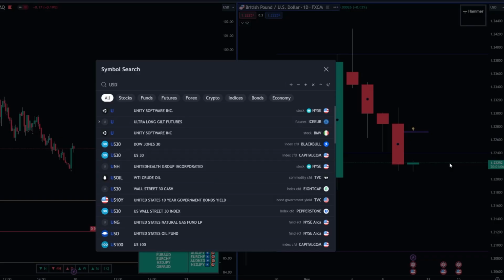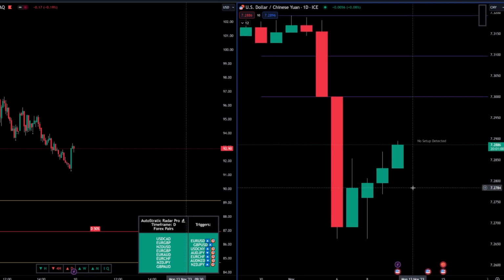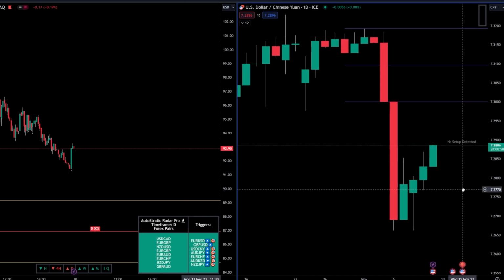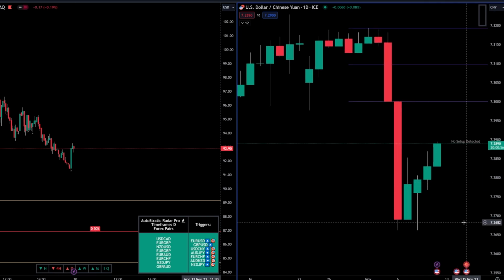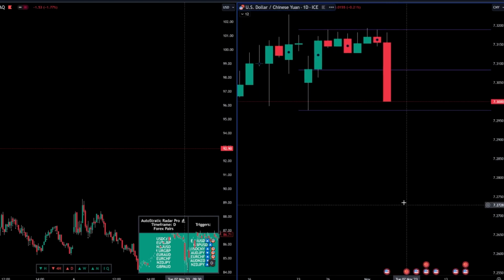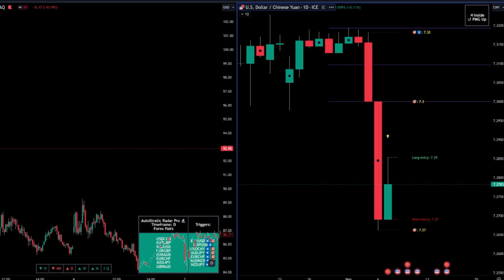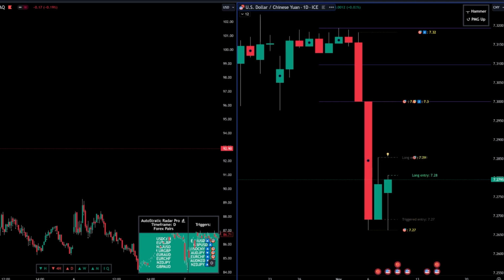Let's check another one, USD CNY. And so this one maybe had a bit more of a success or a longer position here. So let's see where the idea was generated. So the US dollar versus the Chinese yuan. We had a short entry that was triggered. And then we ended up with a long entry.